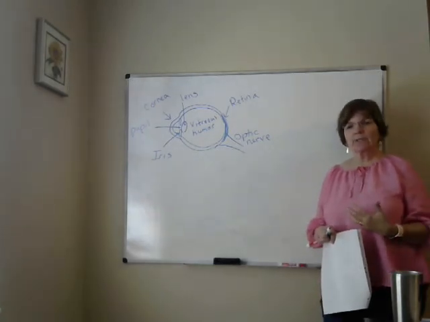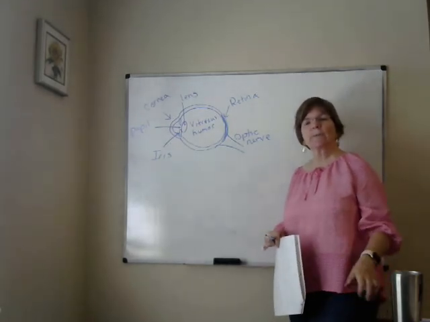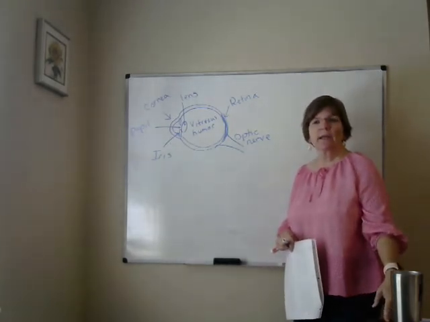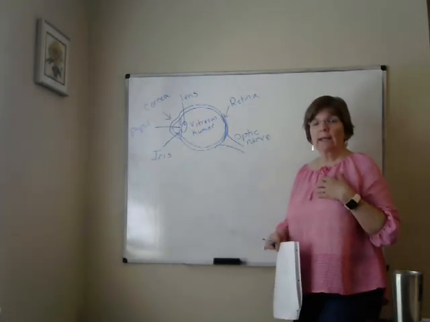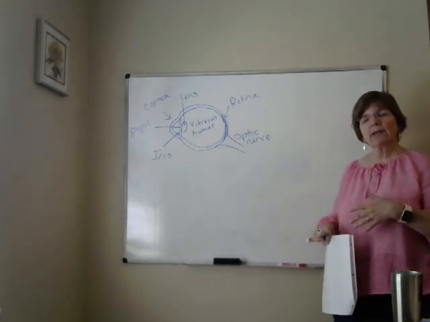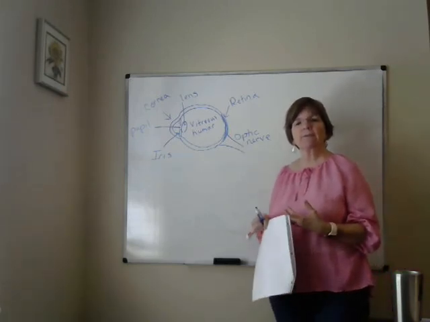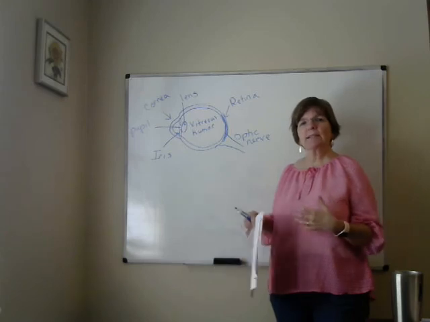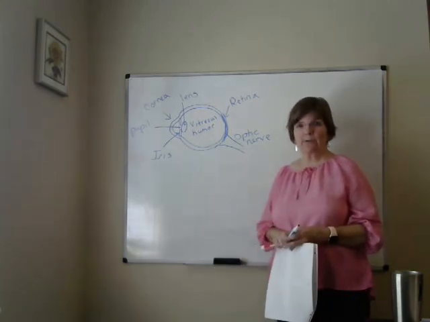There are 3 different types of cones, and those 3 types of cones allow us to see any color in the rainbow. We're the only, well, I say we, primates are the only type of animal to have 3 different types of cones and see in all of these different colors, with the exception of one ground squirrel.